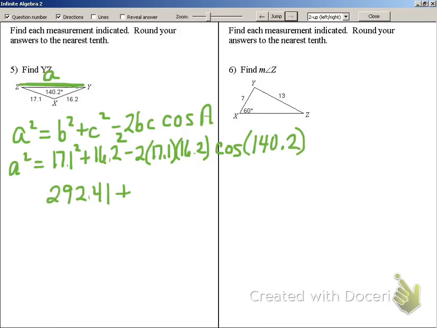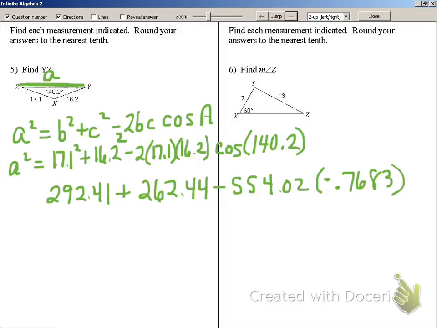That gives me 292.41 plus 16.2 squared is 262.44 minus 2 times 17.1 times 16.2 is 554.02. And then the cosine of 140.2 is a negative 0.7683.